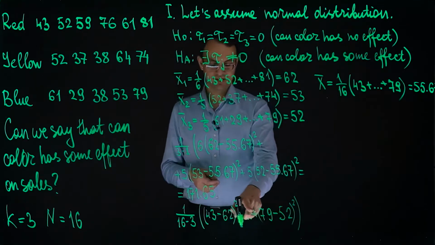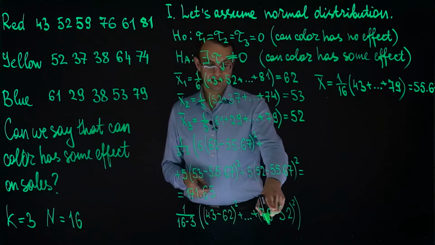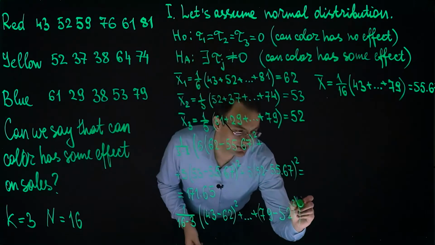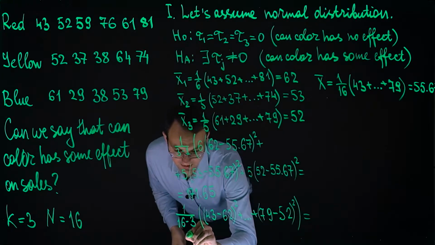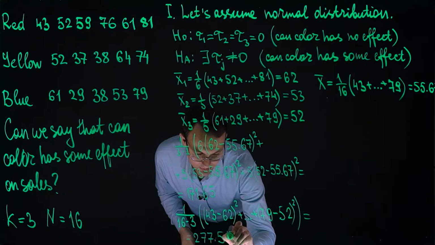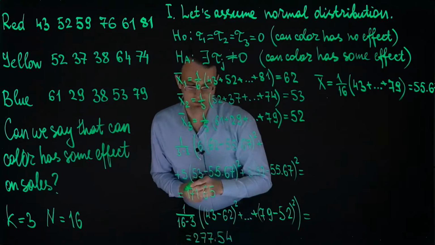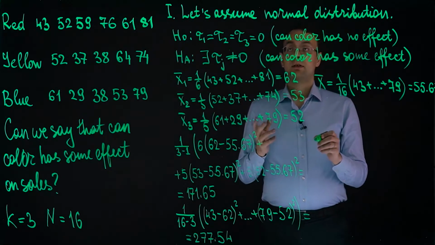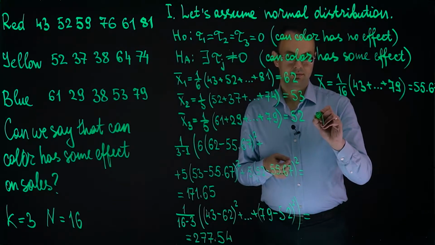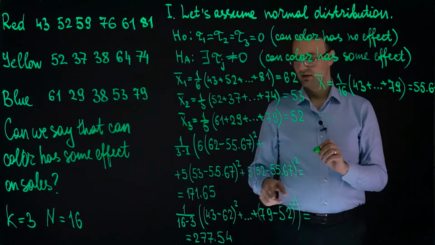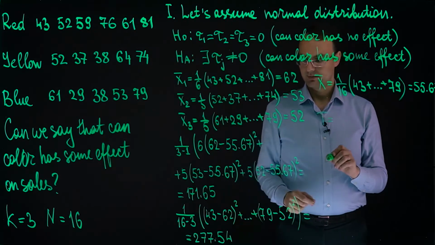So this is the sum of 16 elements, and its value is approximately 277.54. Then the test statistic is found by dividing this by this.